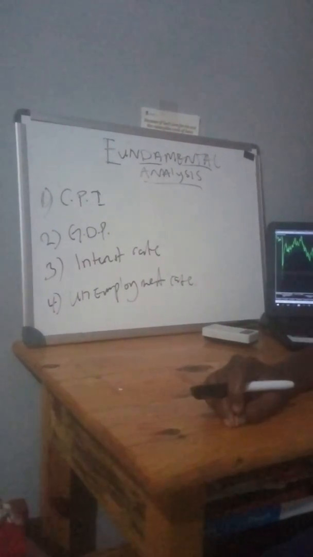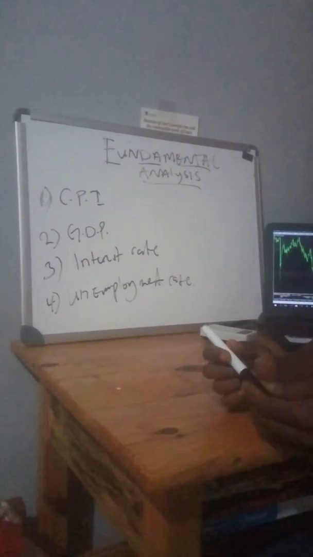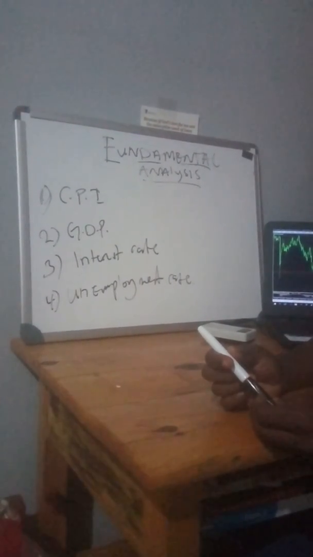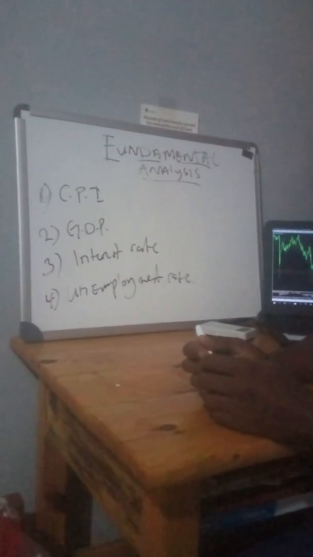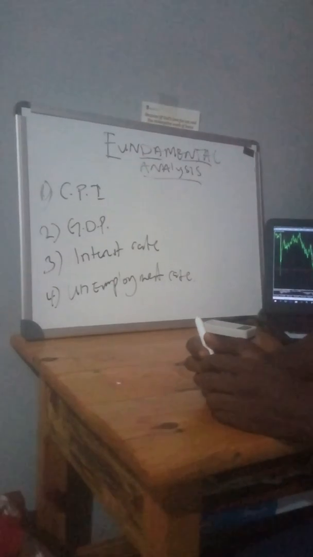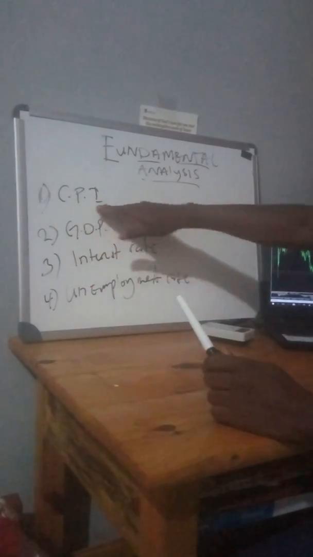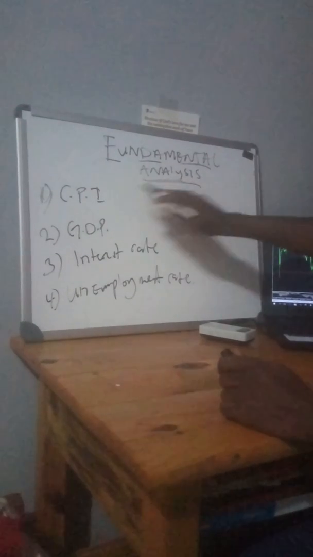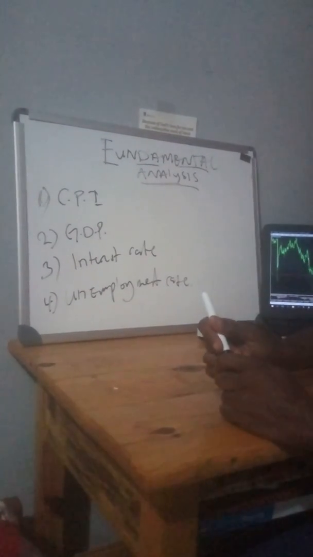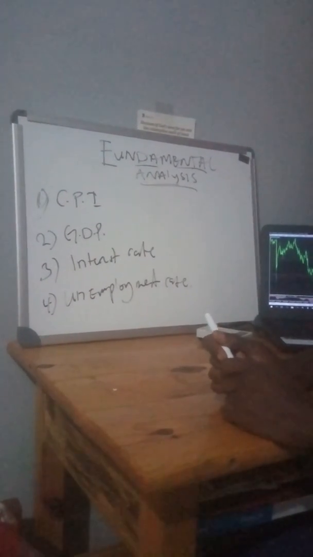So firstly, I'm going to introduce some really important terms. If you open your application FX Calendar, you will notice that each news event has a special way it's written.